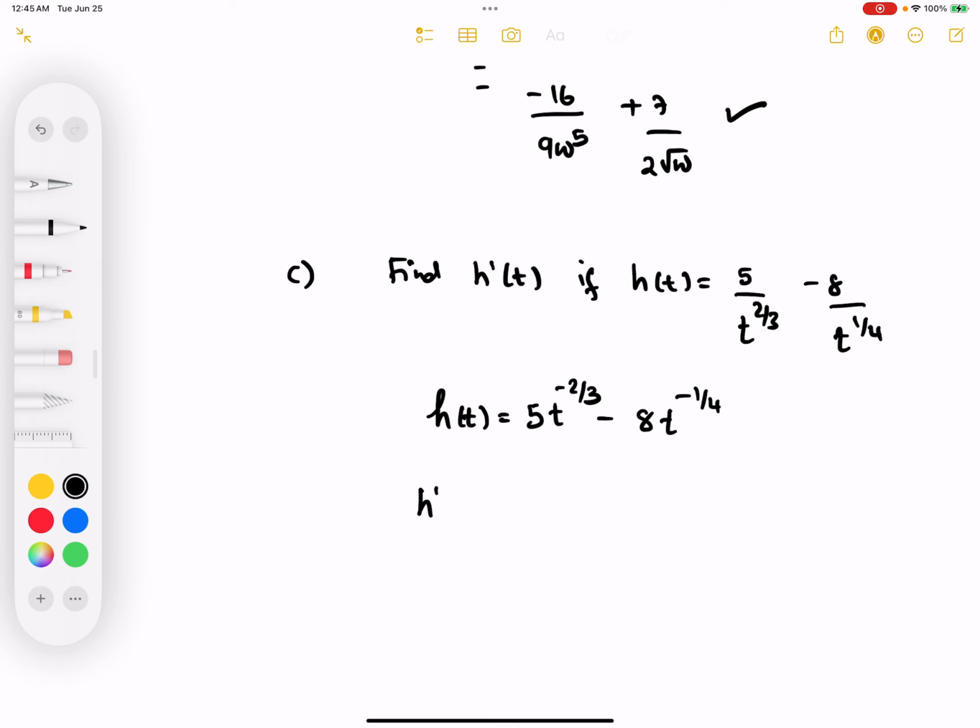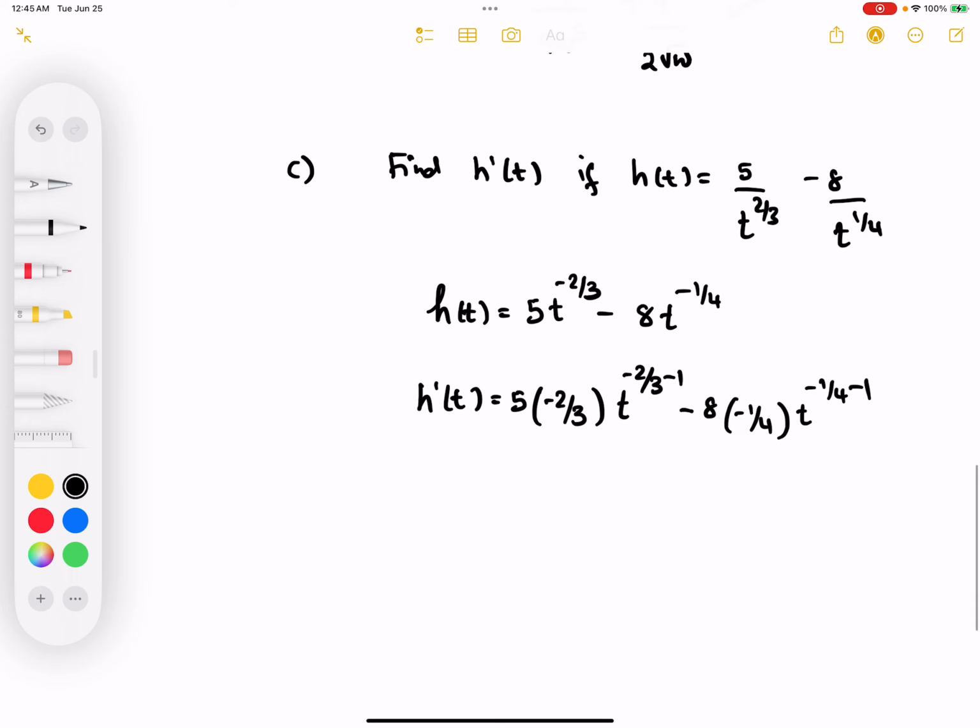Then h derivative at t is 5 times negative 2 over 3 t to the minus 2 over 3 minus 1, minus 8 times negative 1 over 4 t to the minus 1 over 4 minus 1. Now this is 5 times negative 2 is minus 10 over 3 t to the minus 2 over 3 minus 1 is minus 5 over 3. This one, minus minus is plus, and 8 over 4 is 2t to the minus 5 over 4, right?